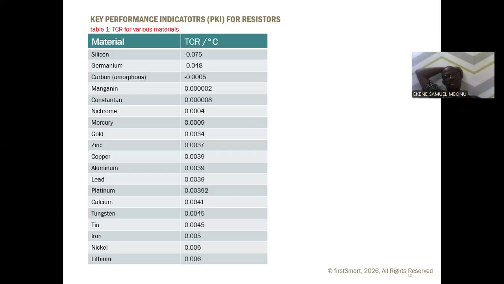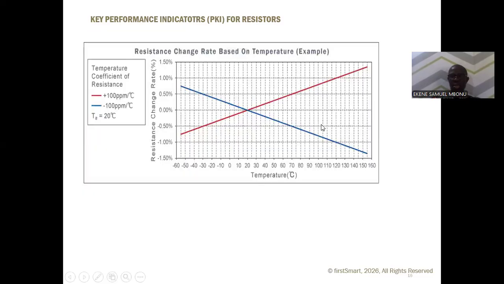I said, when TCR is negative, it means that the increase in temperature will lead to decrease in resistance of that material. If TCR is positive, it means that increase in temperature will lead to increase in resistance.